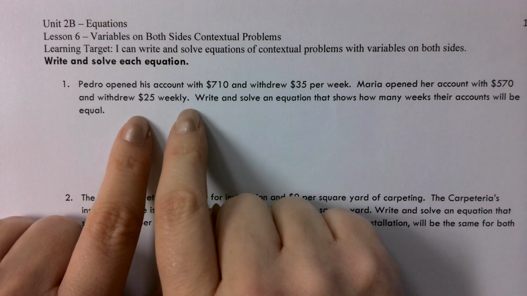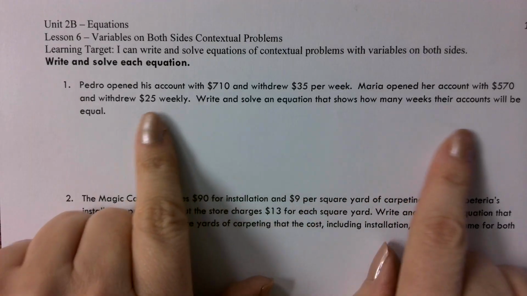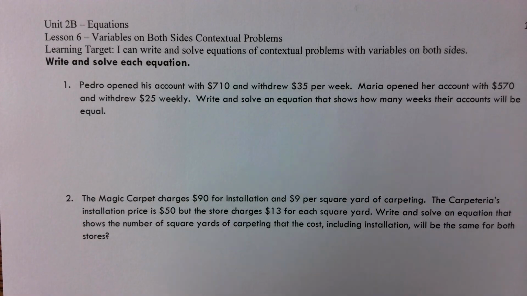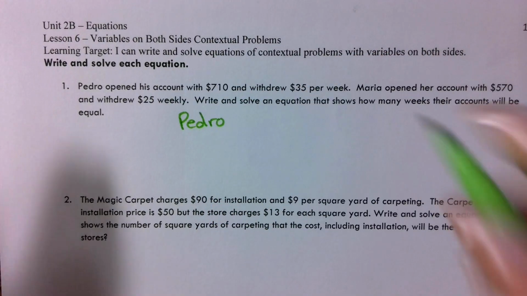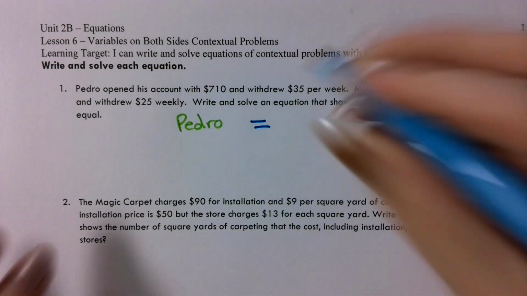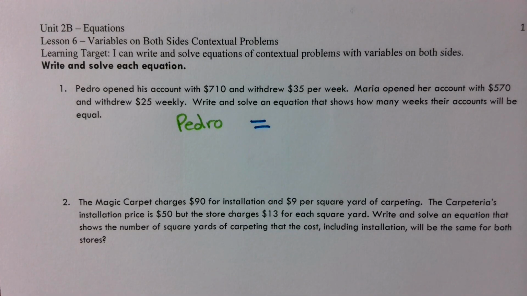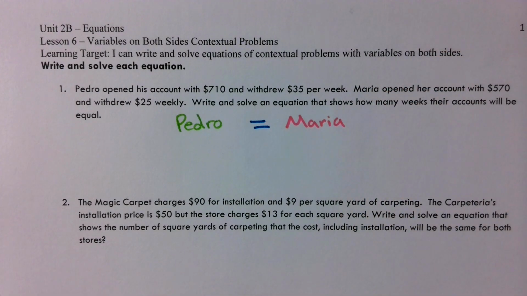And we want to know after how many weeks of them continuously withdrawing money are they going to have the same amount of money in their account. So essentially, you are trying to identify at what point is Pedro going to be equal to Maria.